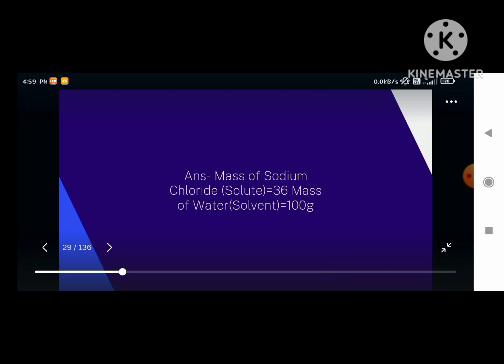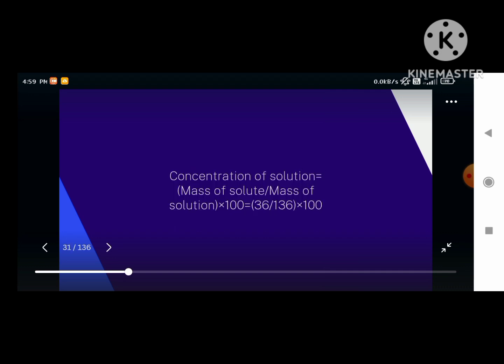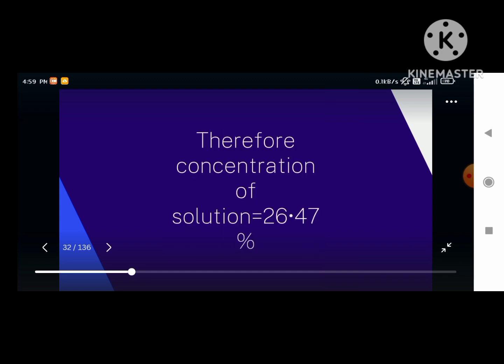Here sodium chloride, NaCl, is solute and water, H2O, is solvent. So the total mass will be 100 plus 36 is equal to 136 grams. So the concentration of solution is 36 by 136 into 100. Therefore, concentration of solution is 26.47%.